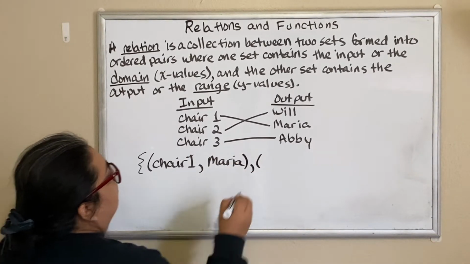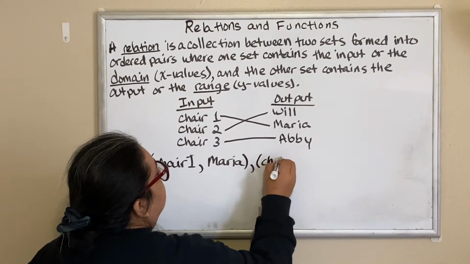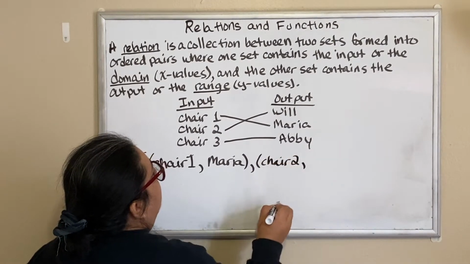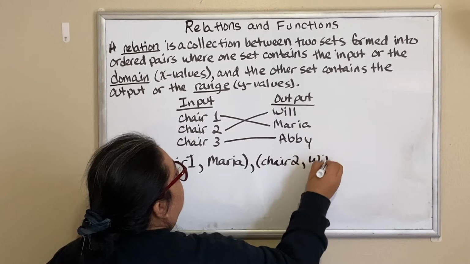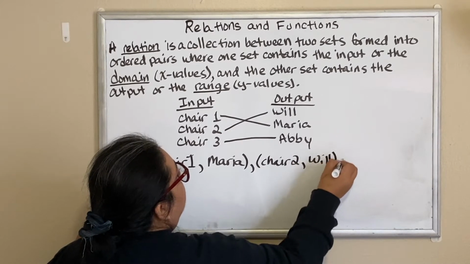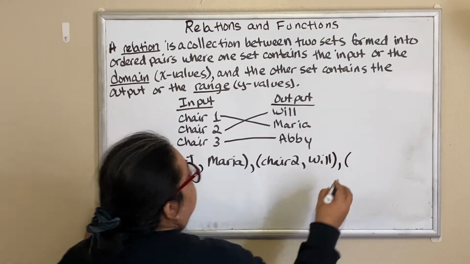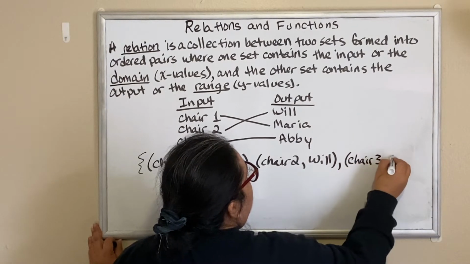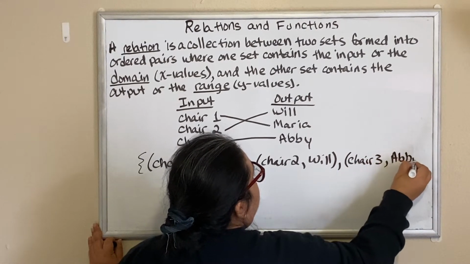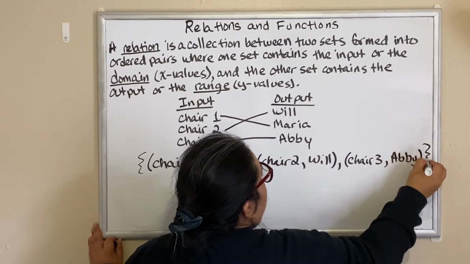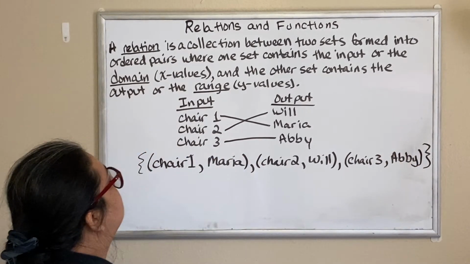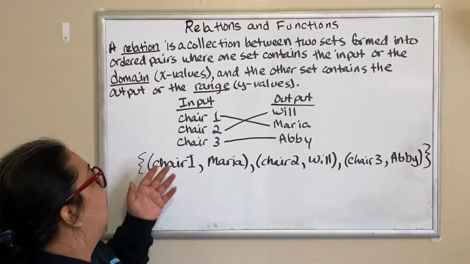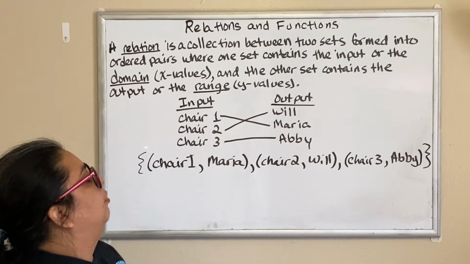My second one would be chair 2 for my x value, and Will for my y value. And then my last one would be chair 3 for my x value, and Abby for my y value. And this is my relation where I have an input and I have an output.